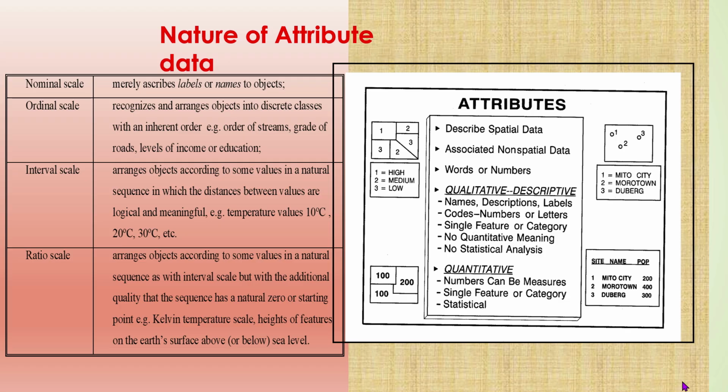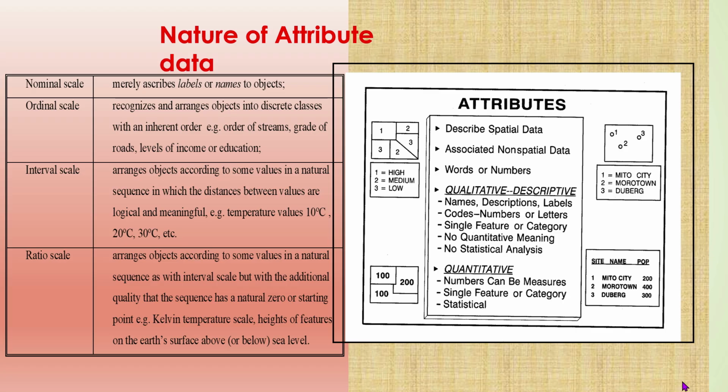So if you have a population of 10,000 people and you have a population of 5,000 people, it is clear that the population of 10,000 is twice the population of 5,000, because there can be zero population.